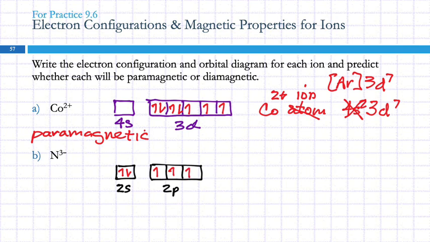And that's for the nitrogen atom. And then the electron configuration for the nitrogen atom would be helium, 2s2, 2p3.